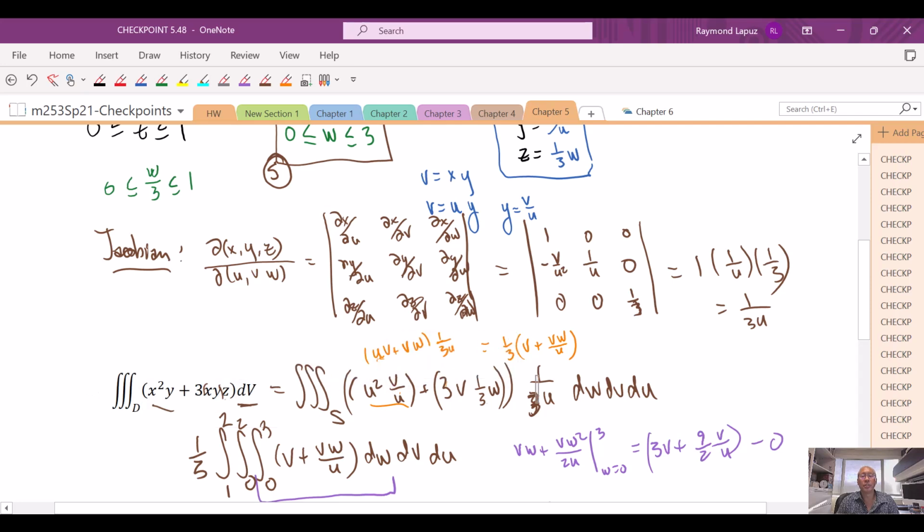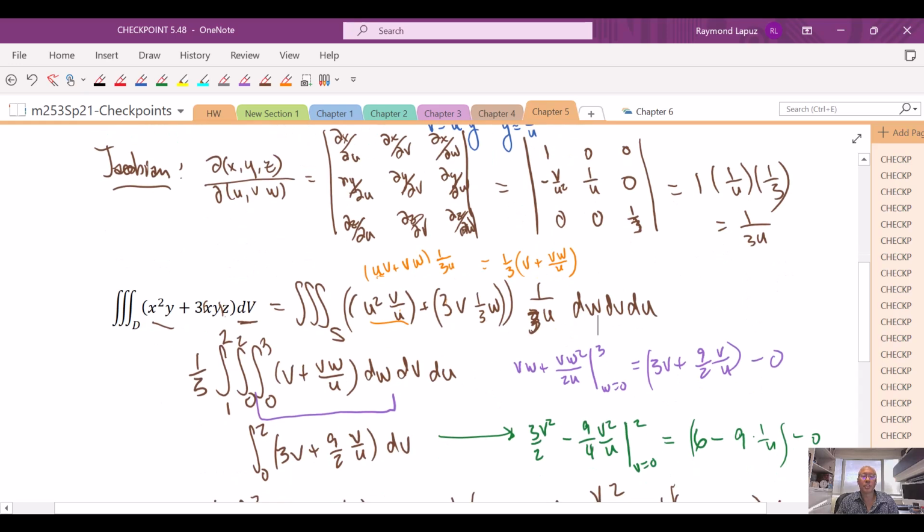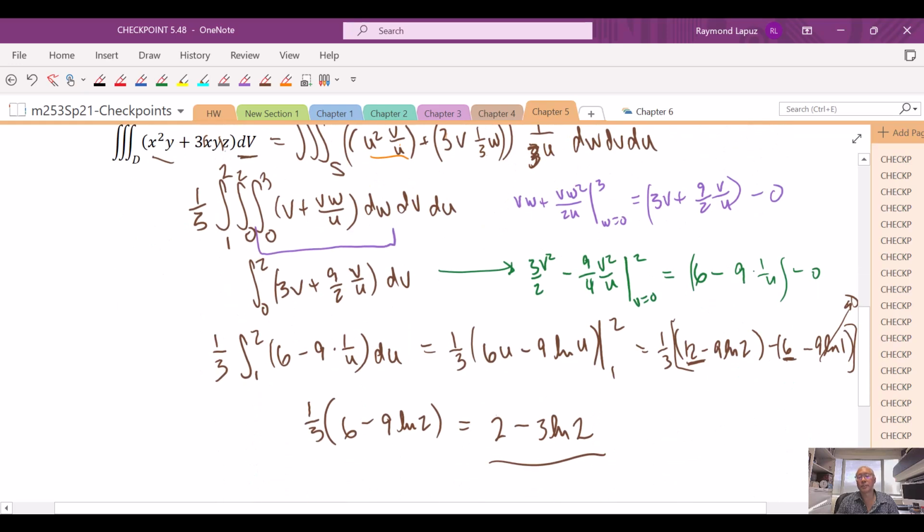We included the Jacobian, and then we integrated with respect to w, v, u in that order. And because these are constants, we could have done it in any order we want, but we just happened to have done it this way. We integrated from inside out, and we got a result. All right, hope that helps. Good luck.